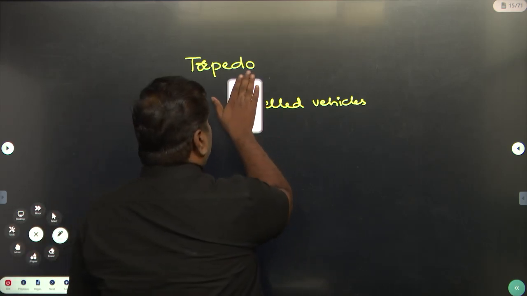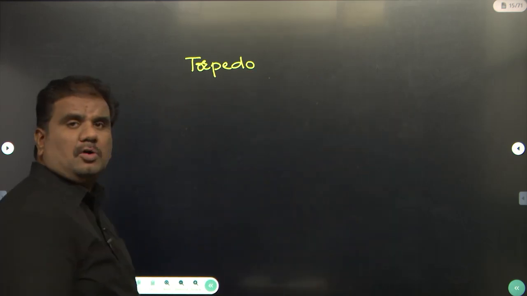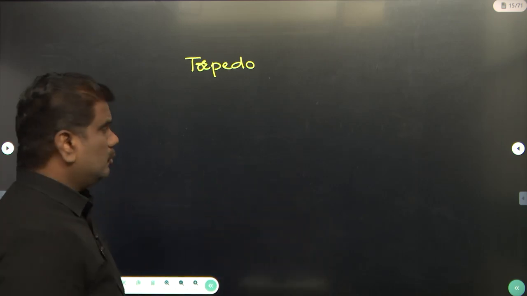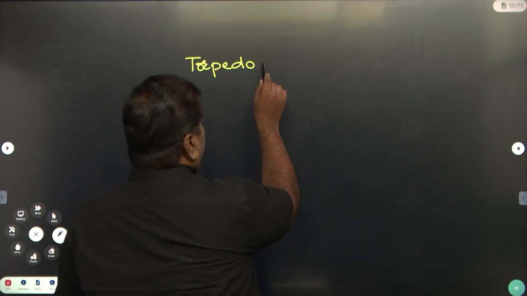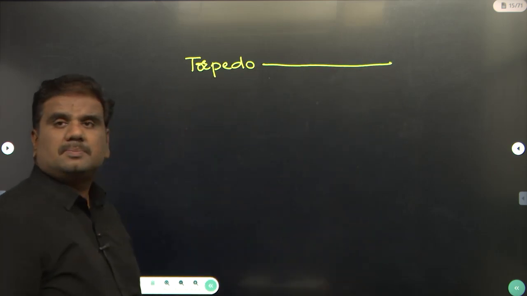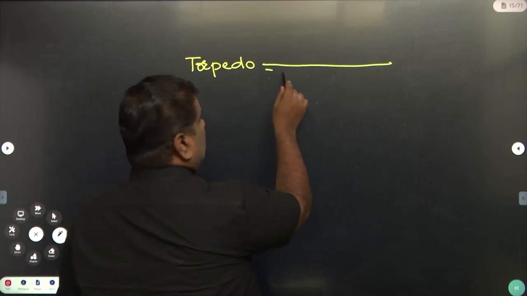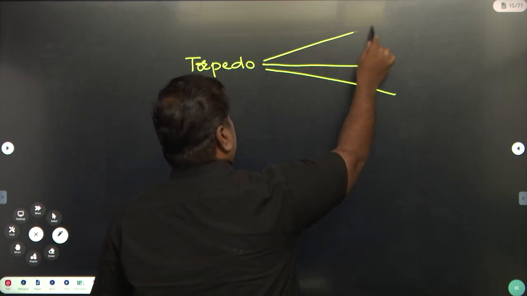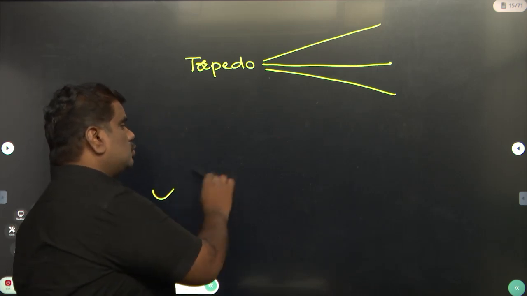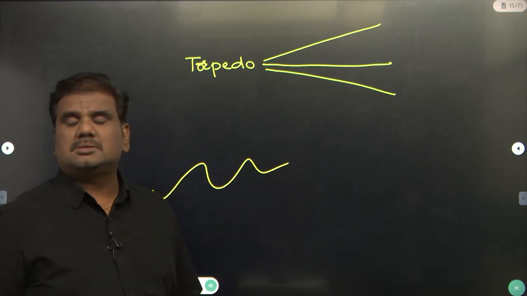At the same time, the earlier torpedoes, the olden days torpedoes, used to travel only in a straight line path. Maybe a straight line path in this way, or a straight line path like this. They never used to travel in any other way.